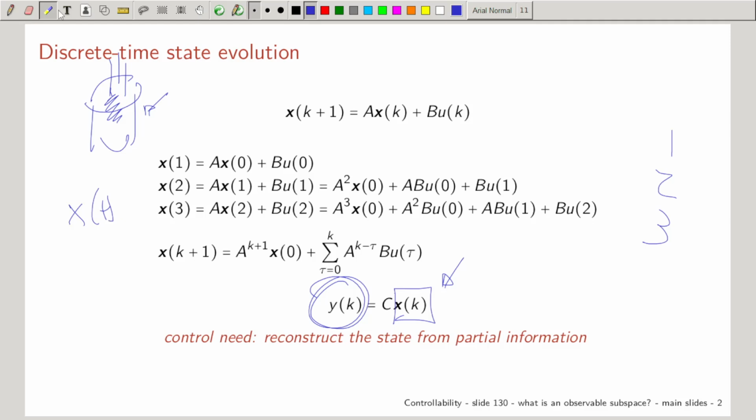Can we measure the temperature inside directly? For sure not, because whatever I throw inside is going to melt. So typically our output is connected with the state through, in linear systems, a linear transformation. This C typically is going to be something like 0, 1, 0, 0, 0, 1, 0, 0 something. You do not measure everything.